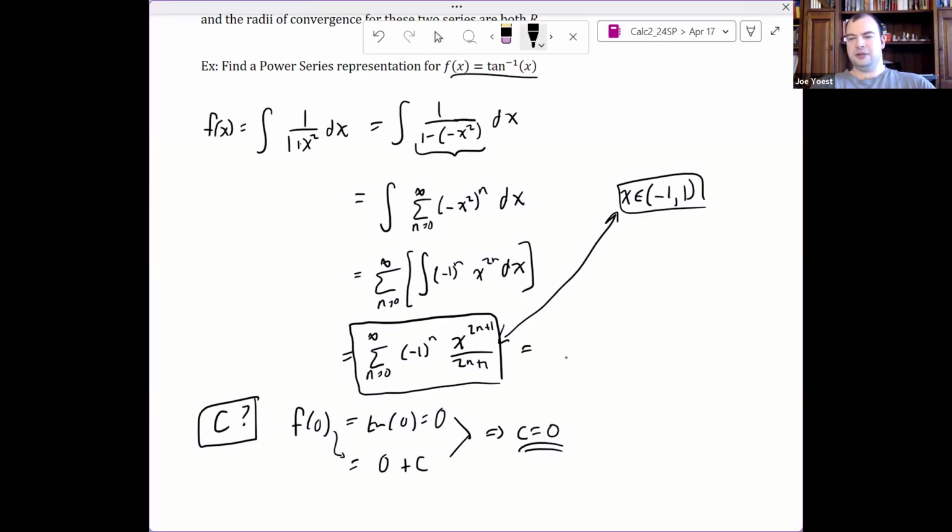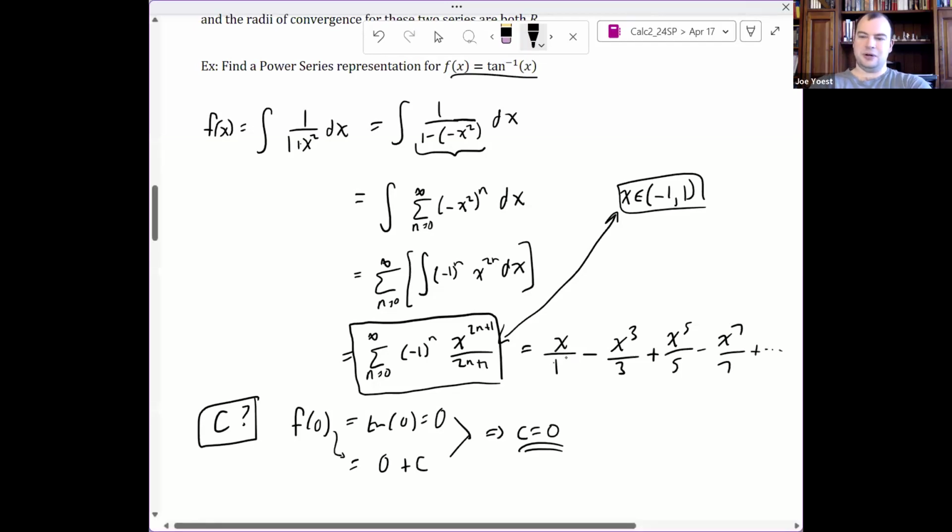Or if we want to write out a few terms, when n equals 0, negative 1 to the 0 is positive, so positive 1, x over 1, and then minus x cubed over 3, plus x to the 5th over 5, minus x to the 7th over 7, and so on.